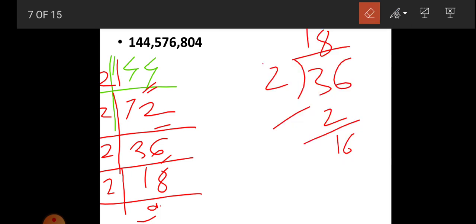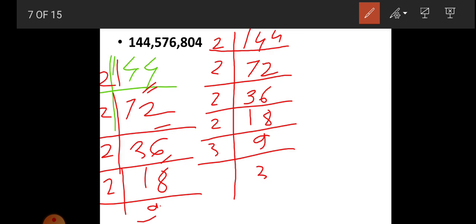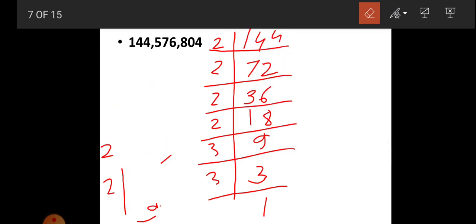It's like that you can solve. These are the factors of 144. Now 576.